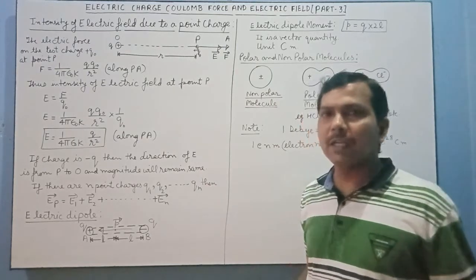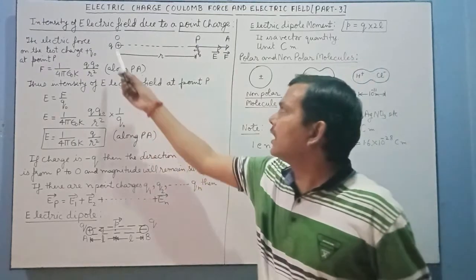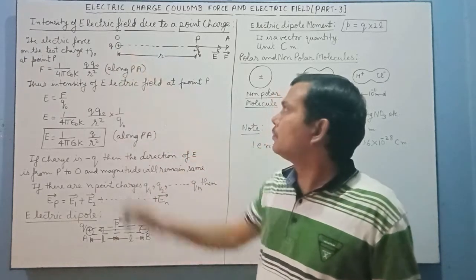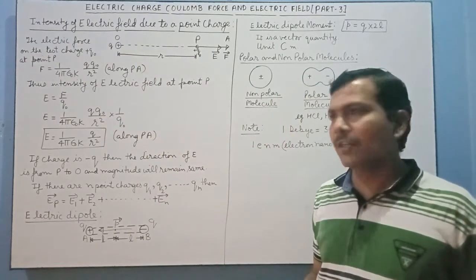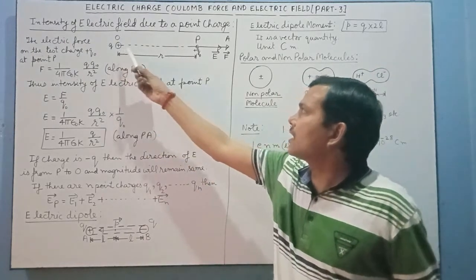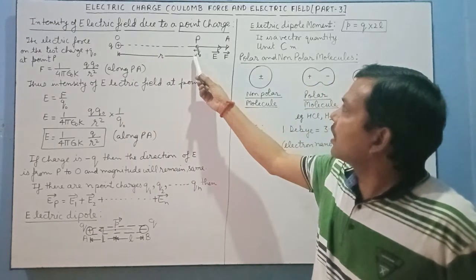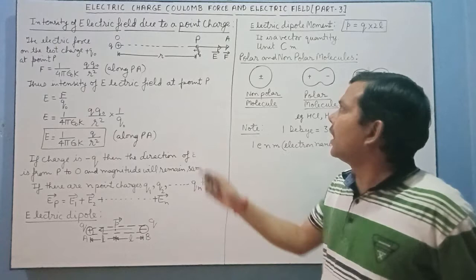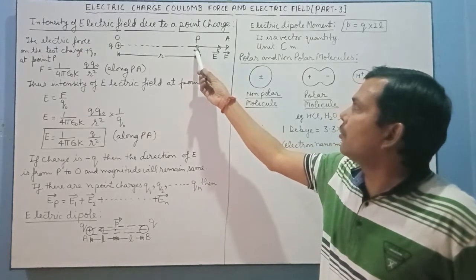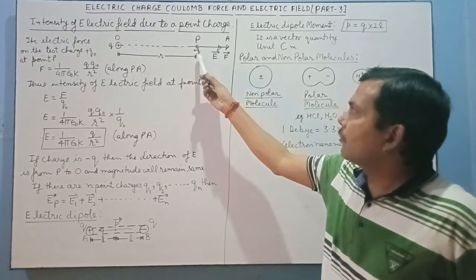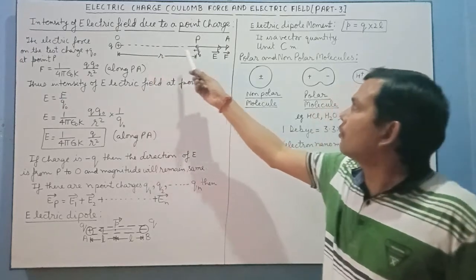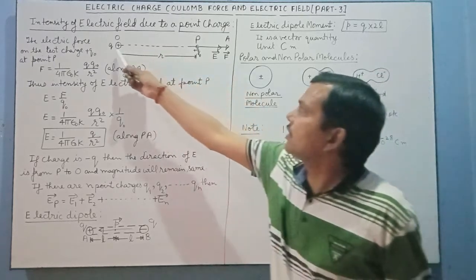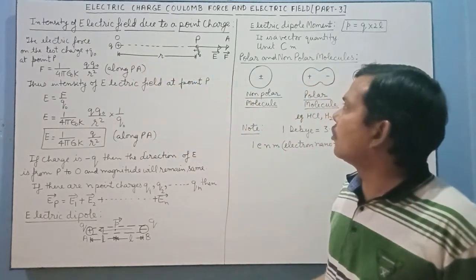So here we will consider a point charge +Q situated at point O, and we have to calculate the electric field due to this point charge at a distance r at point P. We will place a test charge +Q0 at point P, and first we will calculate the force on this test charge due to the charge +Q by Coulomb's law.